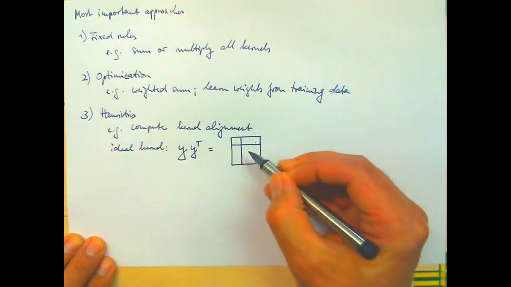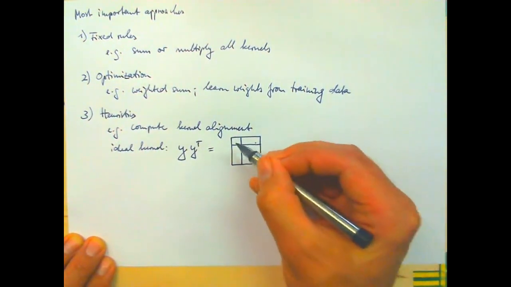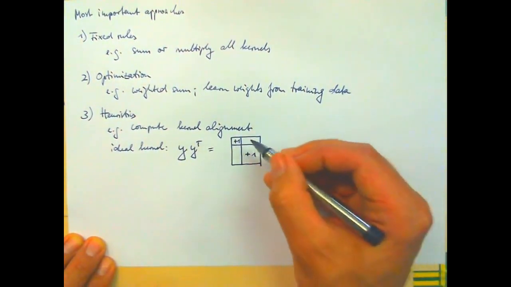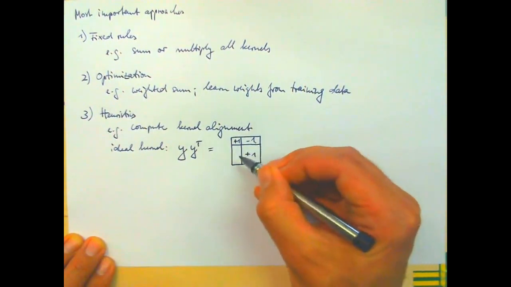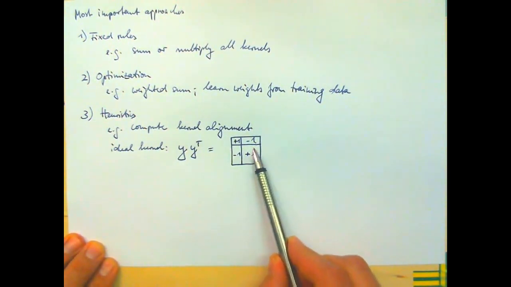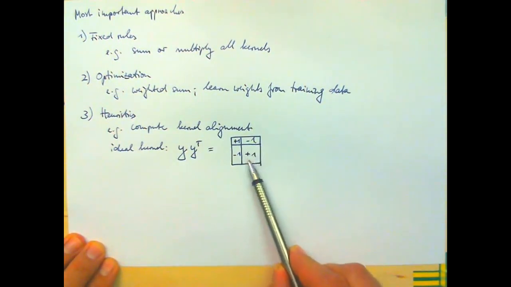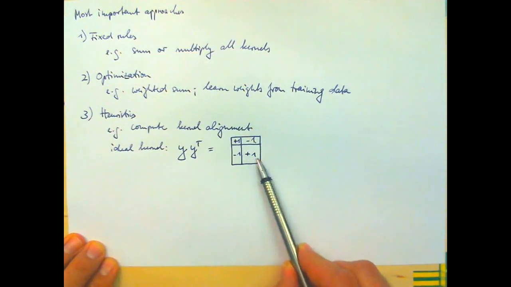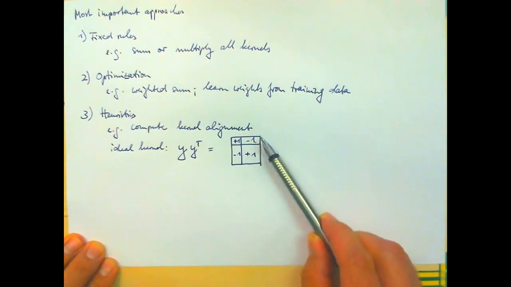You would get a block diagonal matrix with plus ones on the diagonal blocks and minus ones everywhere else. So in other words, the ideal kernel will make all the members from one class very similar amongst each other, and will make them very dissimilar to all the examples from the other class.